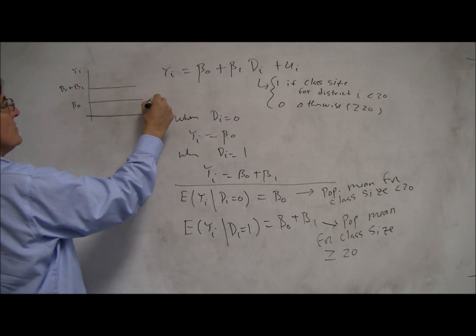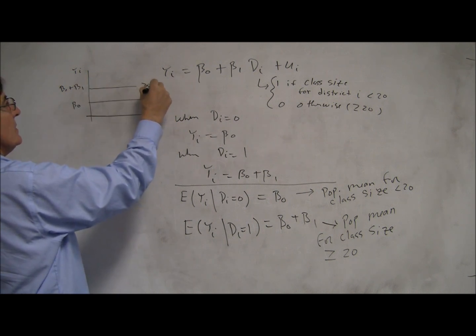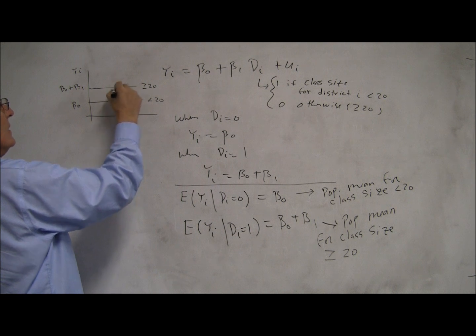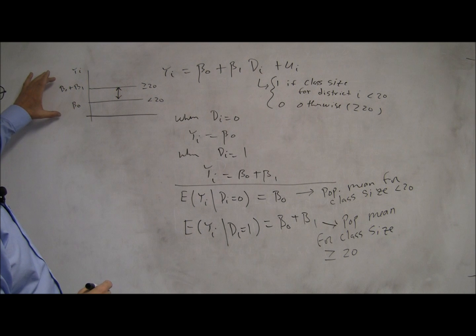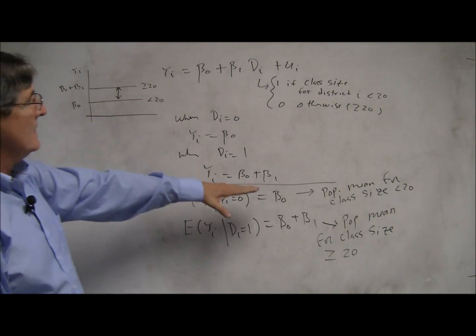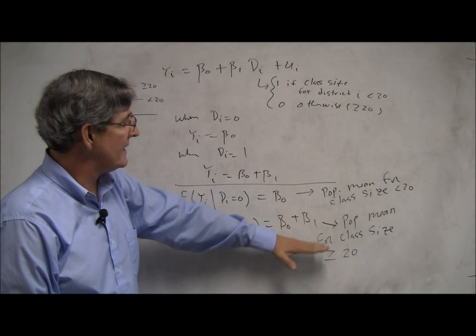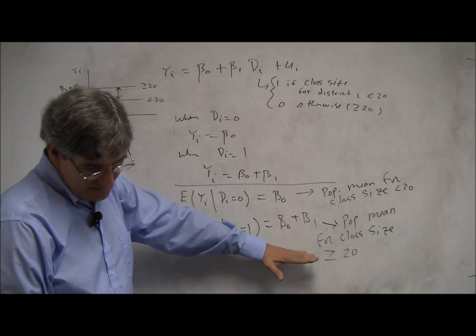This is for less than 20, and this is for greater than or equal to 20. And what we want to know is whether there is a statistically significant difference between these two groups, between the group with smaller class sizes and the group with larger class sizes.